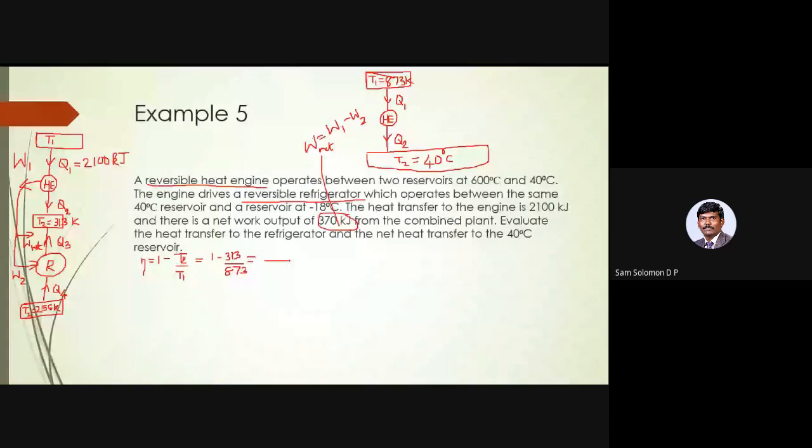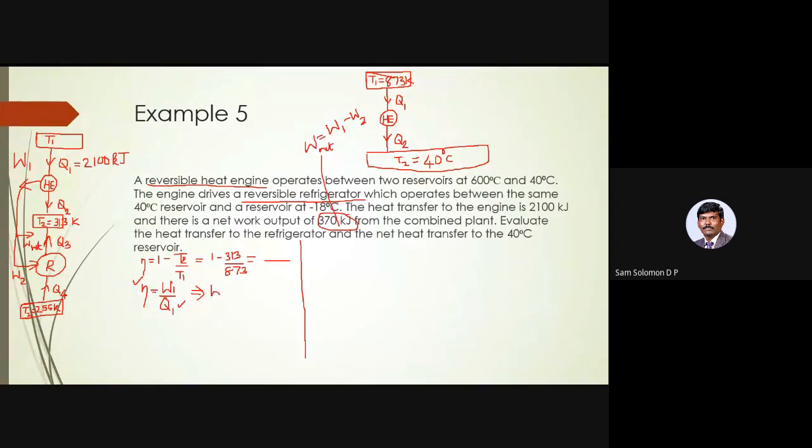Then you can use the formula efficiency is equal to work done divided by heat supplied. The work done here is the work done by the heat engine, so let's call this W1 by Q1. You know the value of the efficiency, you know the value of Q1. So now you will be able to get the value of the work done.